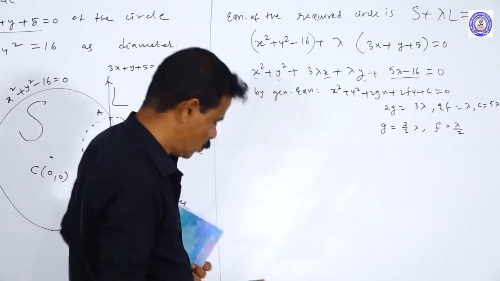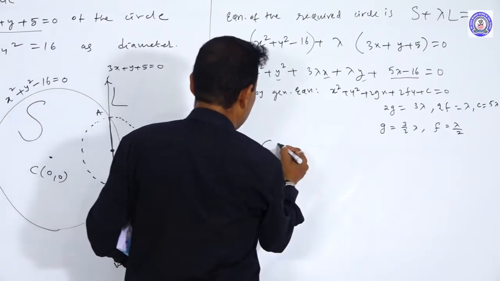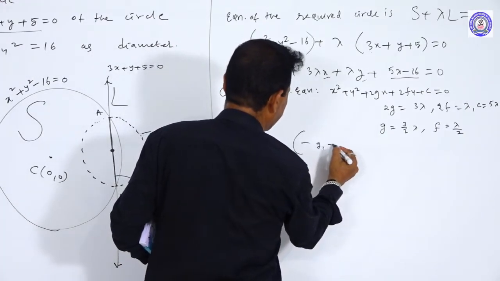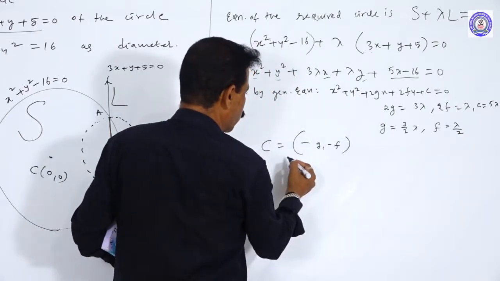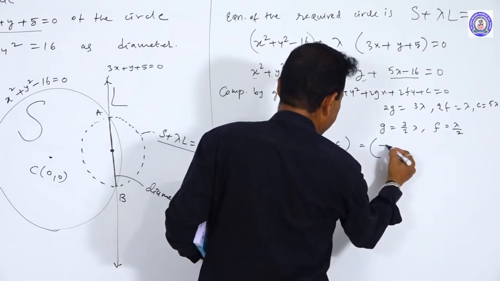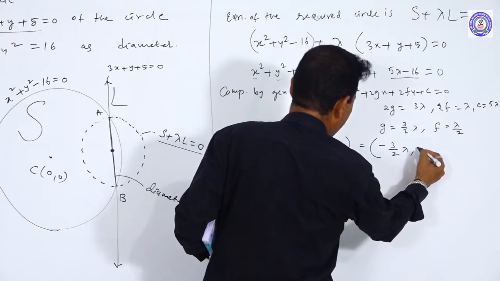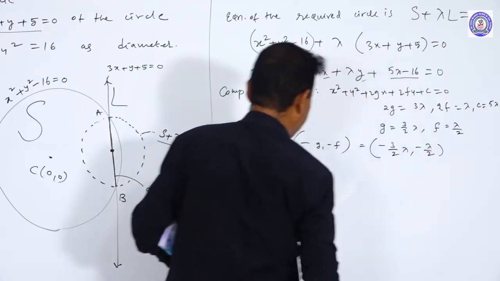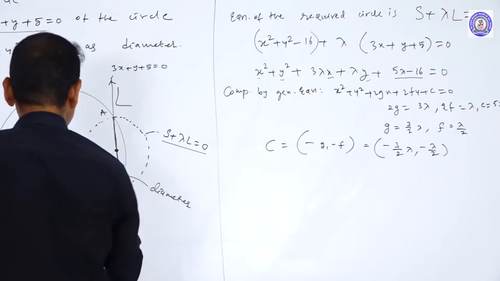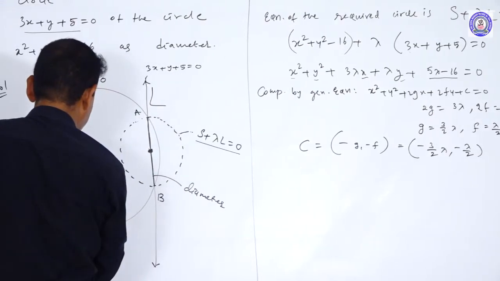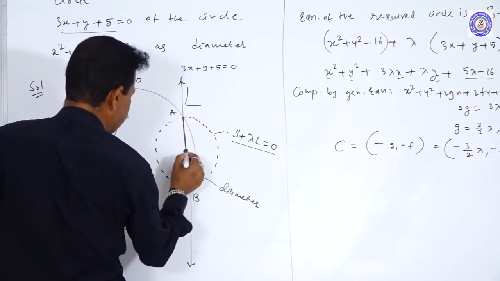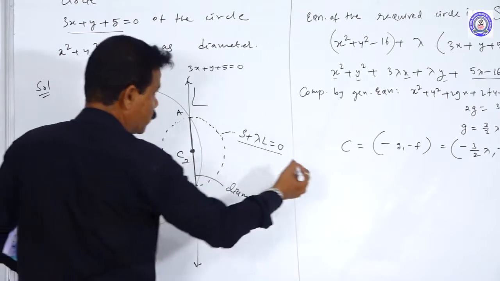These are the g and f values. So the center for the general equation is minus g, minus f. So the center is minus 3 by 2 lambda, minus lambda by 2. Take this as C2.